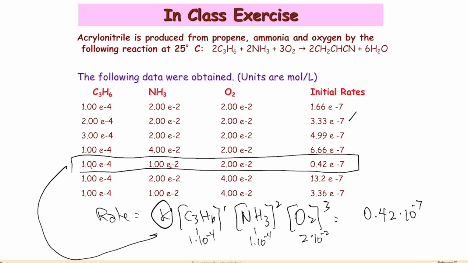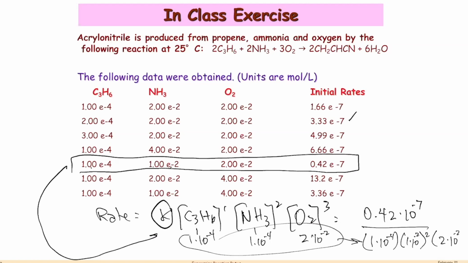So what I'm going to do is bring all of this down to the denominator. That's just 1 times 10 to the minus 4 divided by 1 times 10 to the minus 2 squared divided by 2 times 10 to the minus 2 cubed. And that's K. Okay, so K, you have a calculator. I'm just going to do the bottom just to make the math easier.